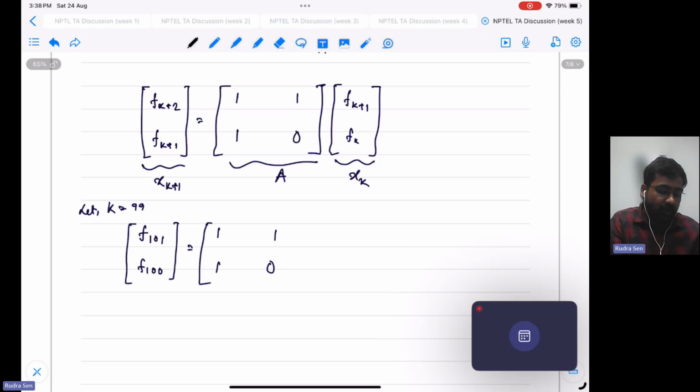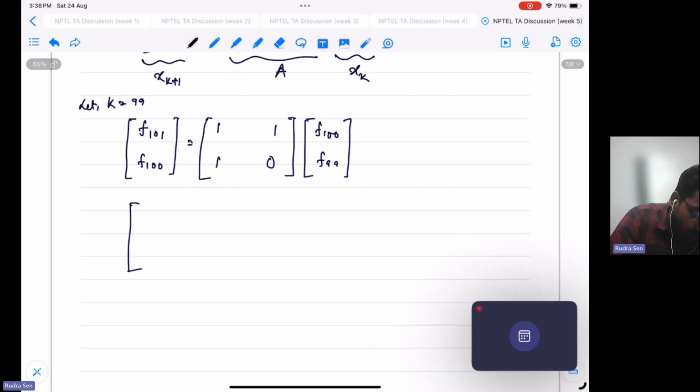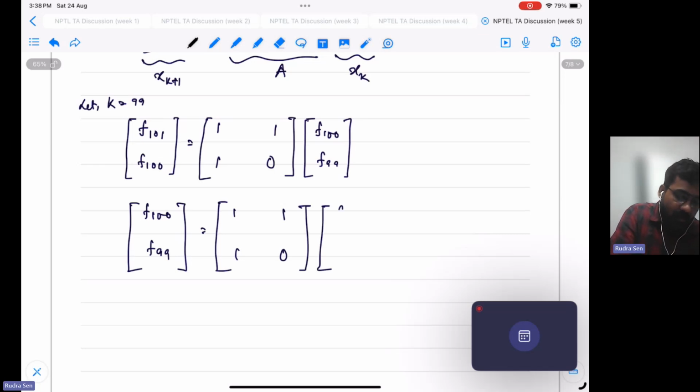So f101, f100 equals the matrix [1 1; 1 0] times f100, f99. Now f100 and f99 we get from [1 1; 1 0] times f99, f98.